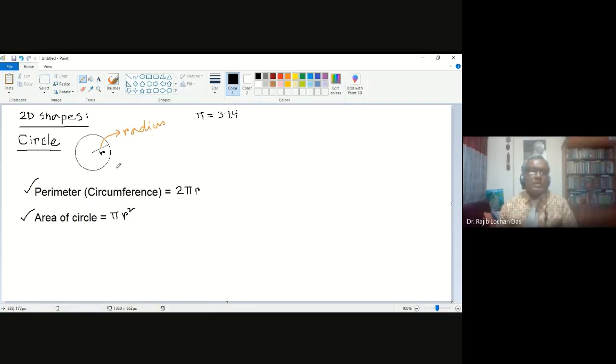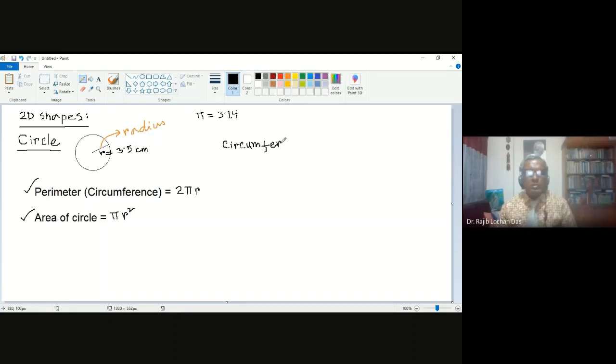So say for example, this radius is 3.5 centimeter. I am giving you one example. So area and perimeter of this circle, how you will find? You can write circumference, that is the perimeter. If you write perimeter also, no problem.